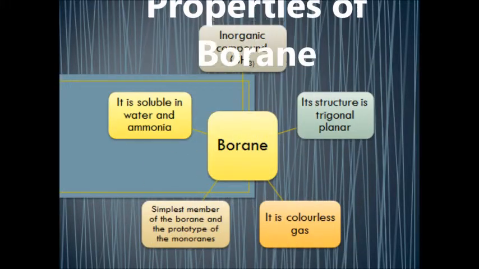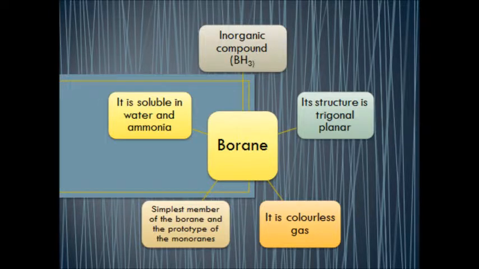Properties of borane. Borane is an inorganic compound with chemical formula BH3. The structure of borane is trigonal planar. It is a colorless gas that cannot be concentrated in pure form. It is both the simplest member of the boranes and the prototype of the boranes.